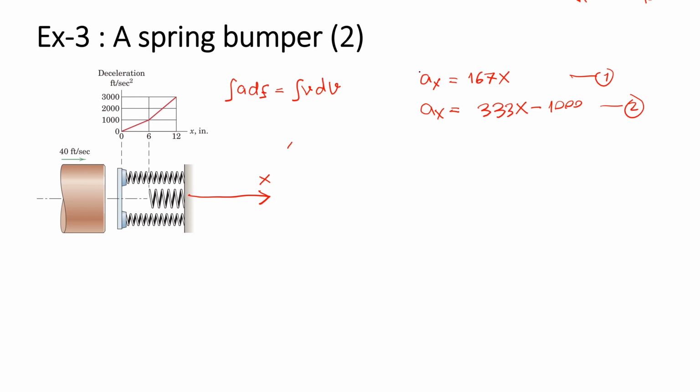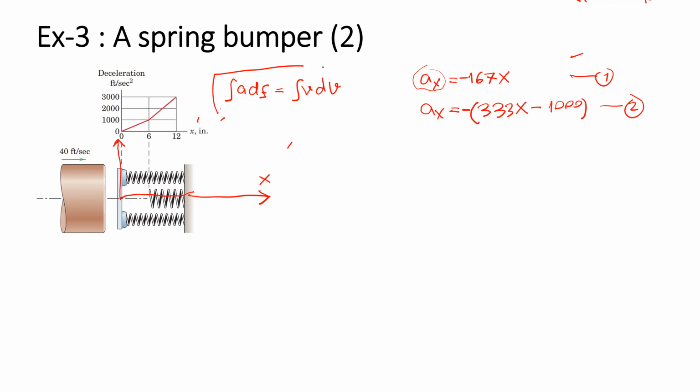The acceleration should get bigger in the positive x direction, but the direction of the acceleration should go to the left hand side, or to the minus x direction. So we need to put the minus here. And for the second equation also, we should put the minus like here.